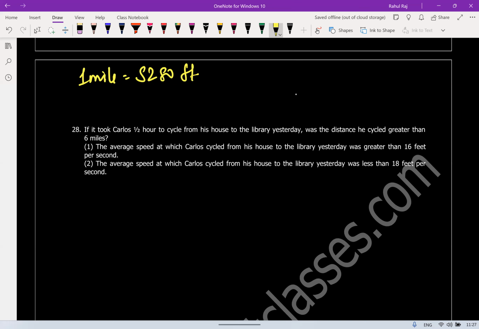But you don't have to remember this. If such conversions are needed, they will be very clearly given to you in the question itself. Can you please try doing question number 28?